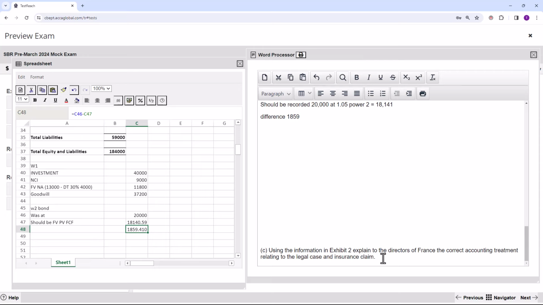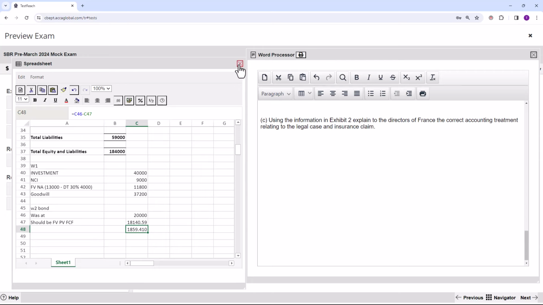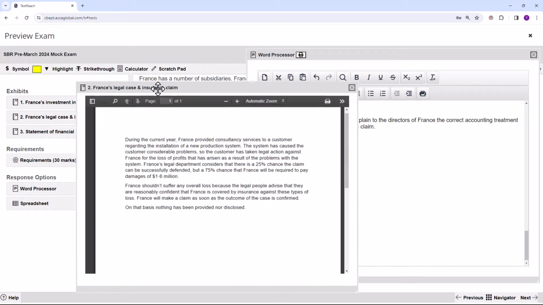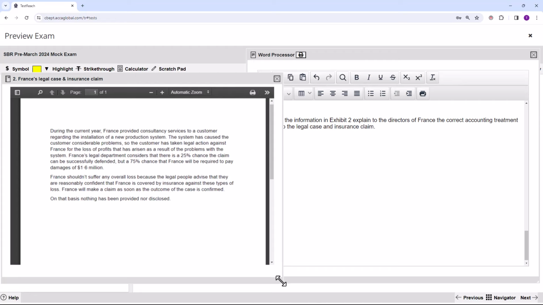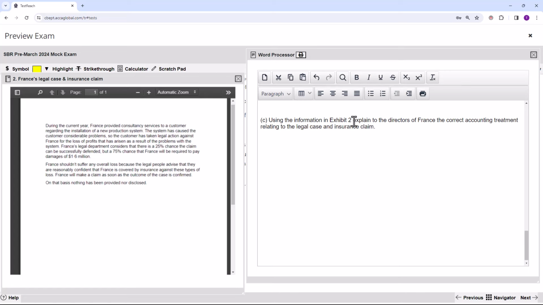And the next part of the question involves us now reading Exhibit 2. So let's have a look at this legal case and this insurance claim. All right. Using the information in Exhibit 2, explain. So this is all about words. Yeah.